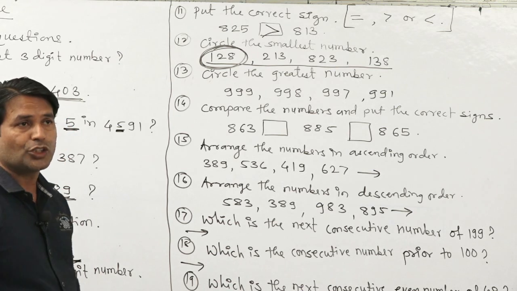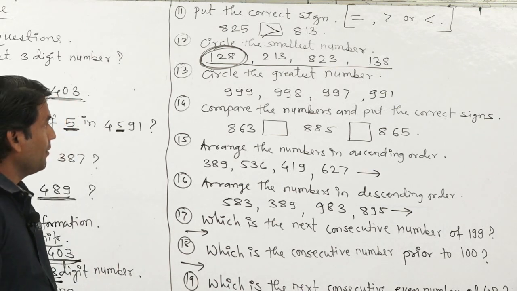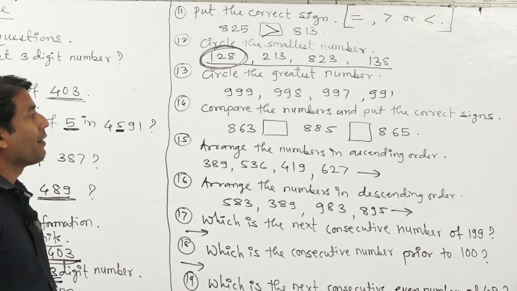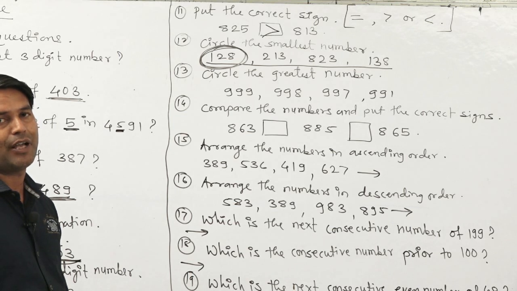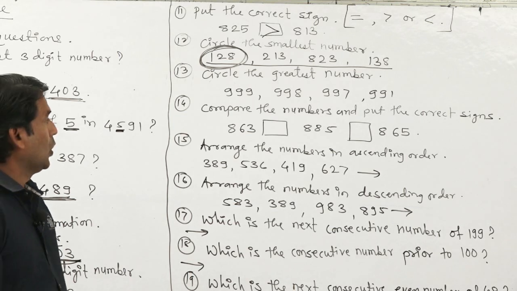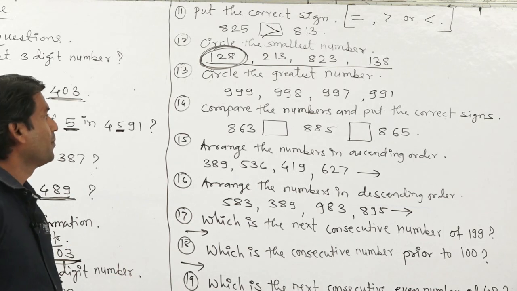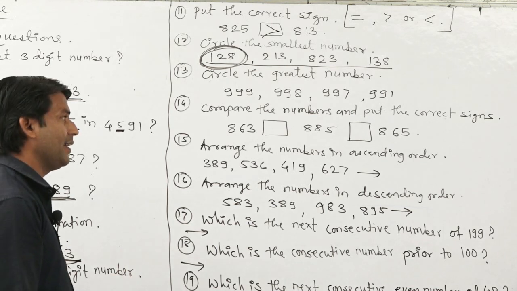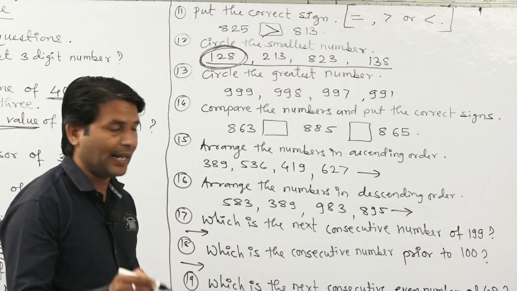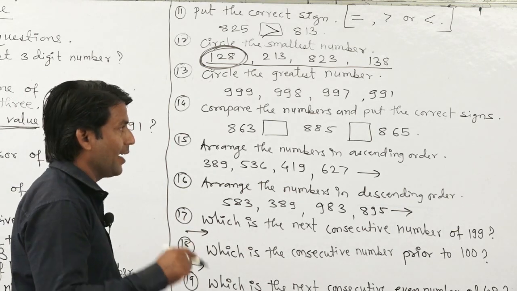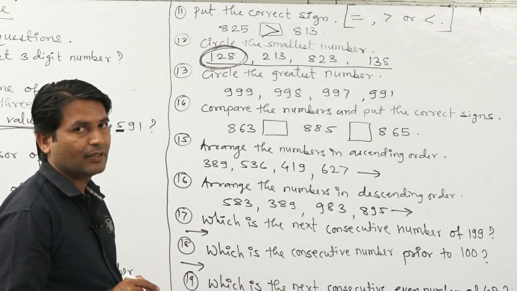After that, question number 13 is for you. Circle the greatest number. Which one is the greatest number? We have to find out. Let us see, I will read these numbers once again for you: 999, 998, 997 and 991.